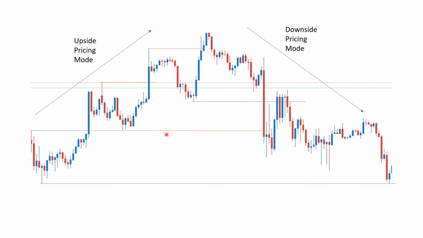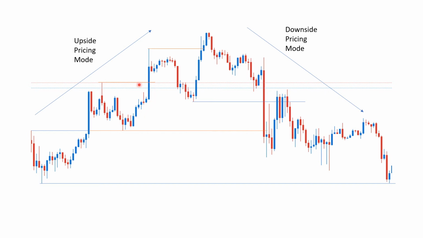Now notice how price is going for these lows. These lows are our method of locating ourselves within the chart. These are going to tell us where price is attracted to, where price wants to go. So for instance, if we are in an upside pricing mode, we can look for highs.